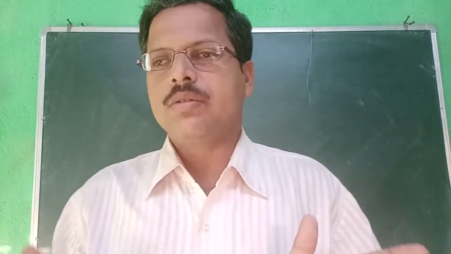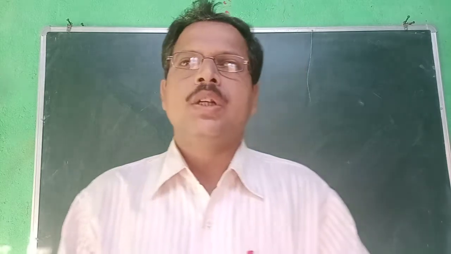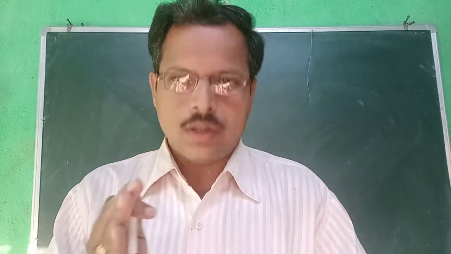We will discuss the convex mirror, not lens, because this part continues with spherical mirrors. As you know, a spherical mirror has a reflecting surface that is curved either inward or outward, either converging or diverging.